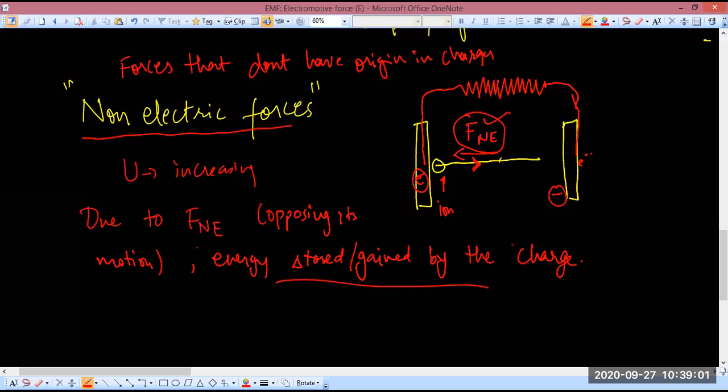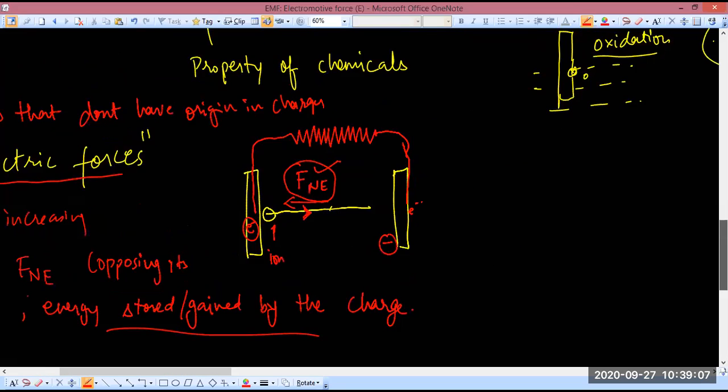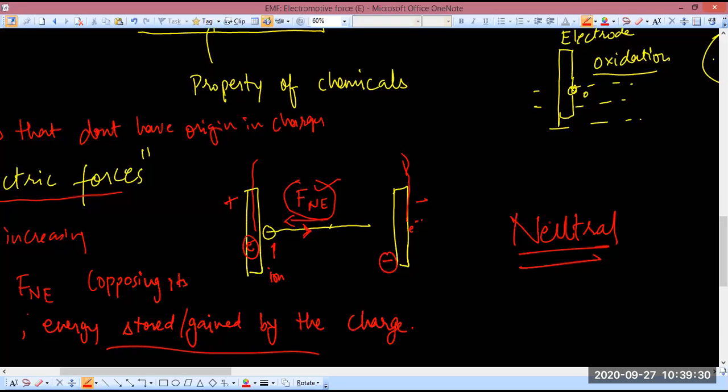Let me clear a major misconception that most people in the world have. You're about to enter the less than 1% of the people of the world who know this. Listen to this very carefully. When we say that this terminal is positive and this terminal is negative, the truth is both terminals are neutral. They don't have charge.